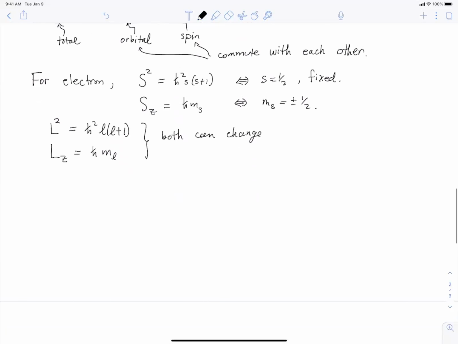Okay, so if we're going to specify the state of an electron, we want to be able to specify both of those types of angular momenta independently.